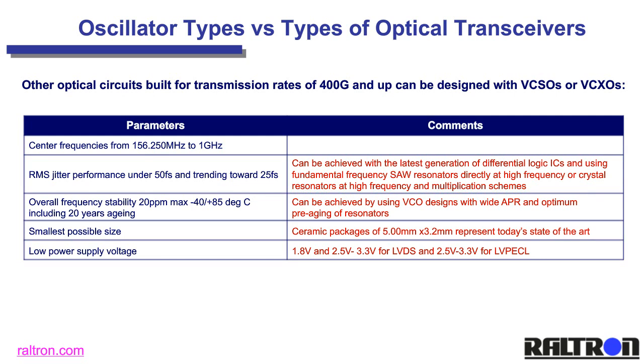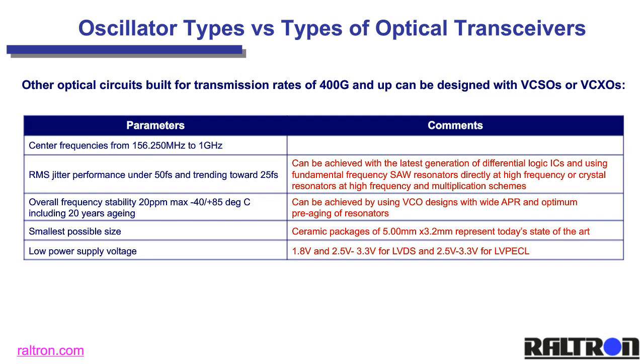Now, for the stability, whereas before, in the case of oscillators, we were talking about 20 ppm, all conditions included, which can be achieved directly with the crystal. In the case of a SAW device, this is not practical because the SAW device is looser in temperature stability.